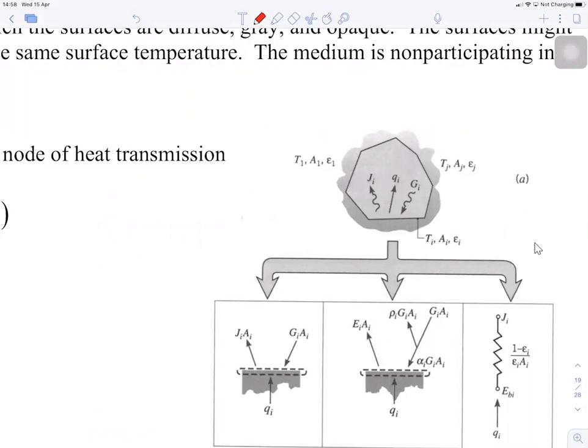So I have the enclosure with multiple zones, and all of them are real surfaces.